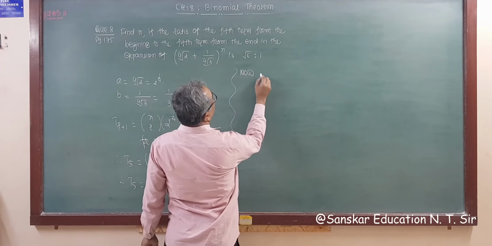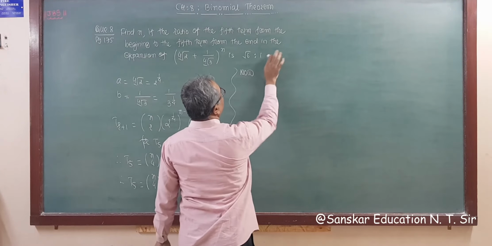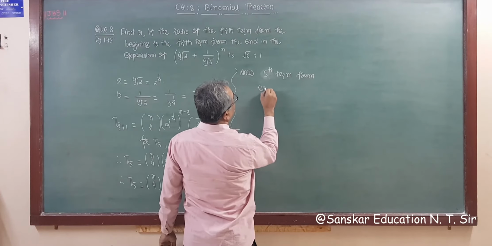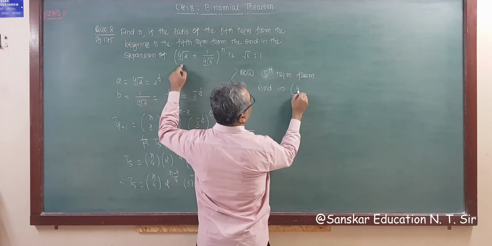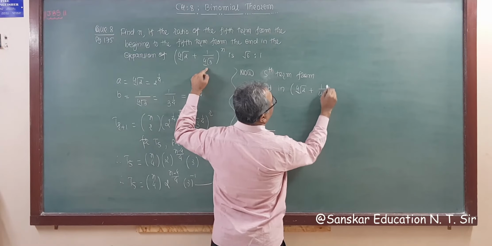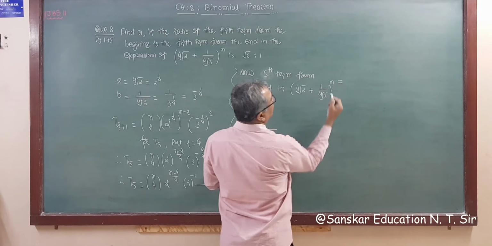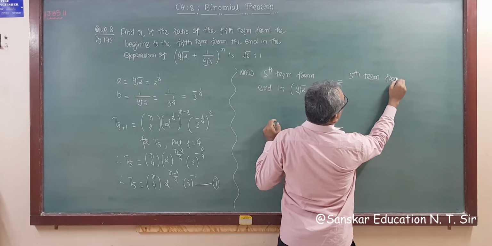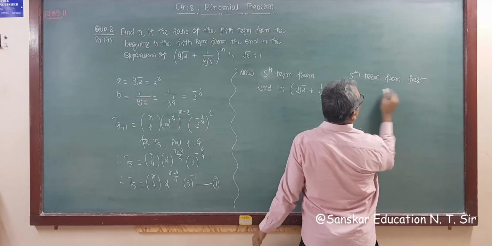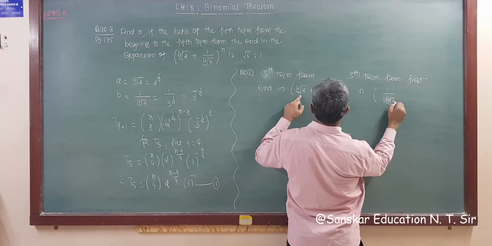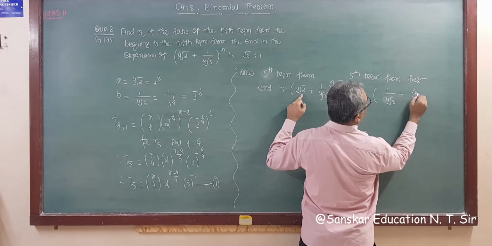Now the fifth term from the end in (4th root of 2 plus 1 upon 4th root of 3) whole raised to n is equal to the fifth term from the first in (1 upon 4th root of 3 plus 4th root of 2) whole raised to n, right?